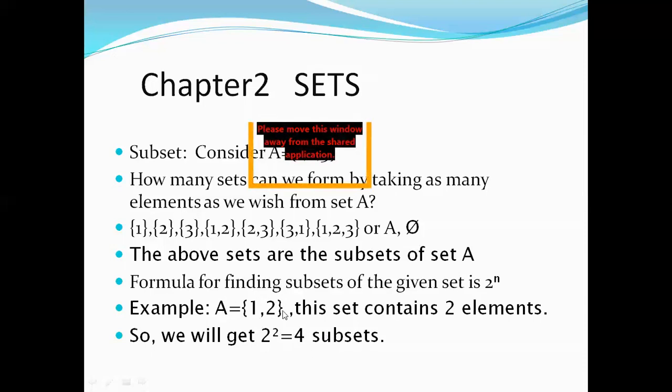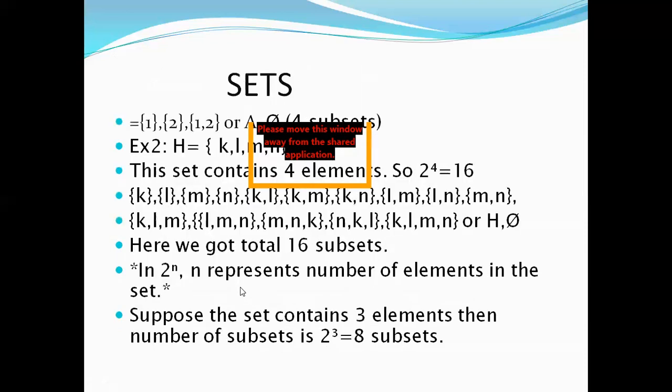That means this set A should have 4 subsets. Just see here: set {1}, then {2}, then {1, 2}, or we can write that as A, and φ. So in total how many sets did we get here? This is 1, 2, 3, and that is 4. So we got here the 4 subsets.